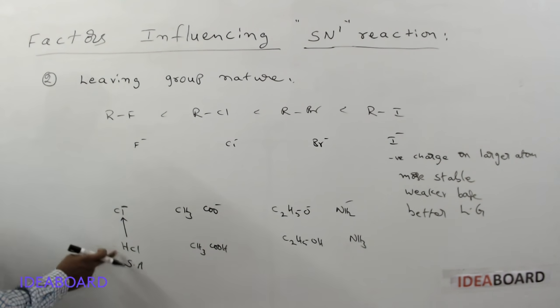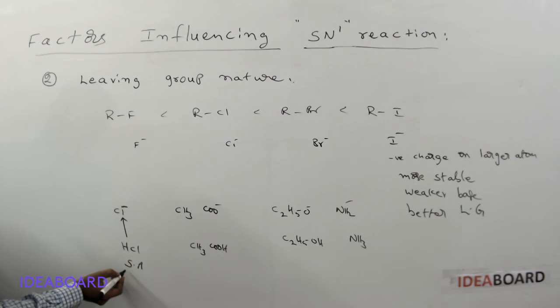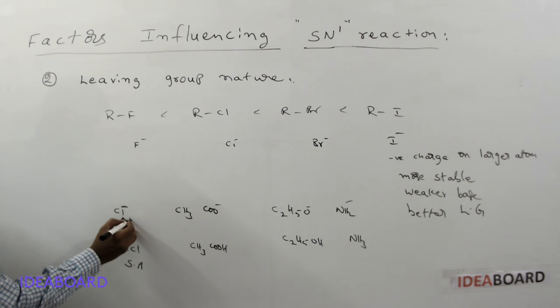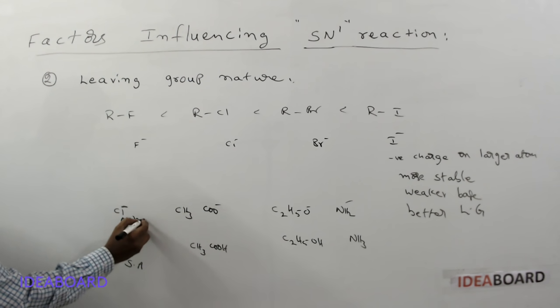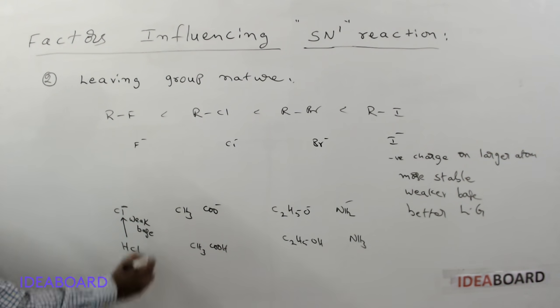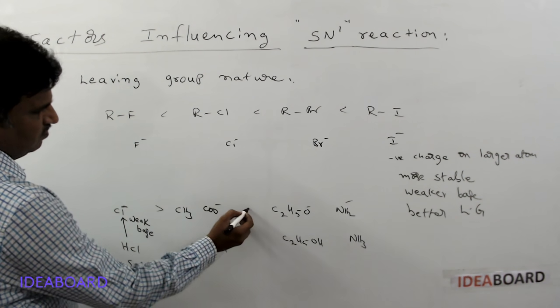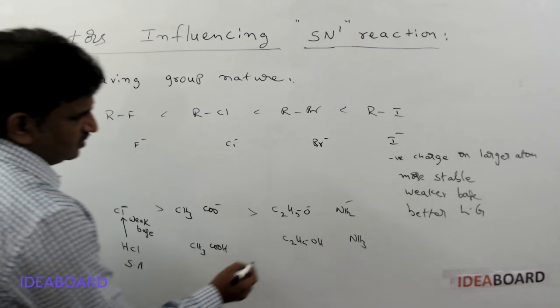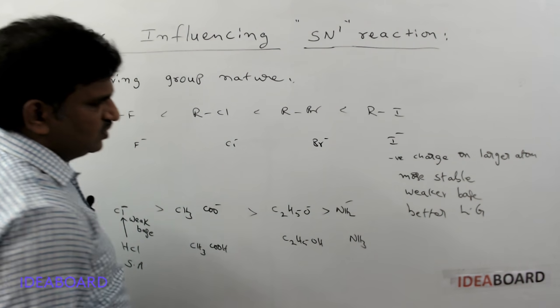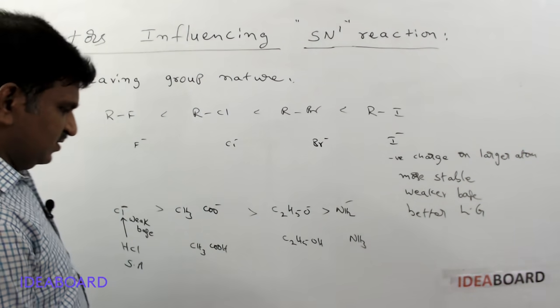A stronger acid always forms a weak base. So Cl minus is a better leaving group than CH3COO minus, which is better than C2H5O minus, which is better than NH2 minus.